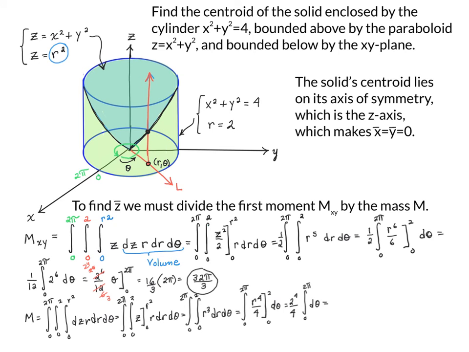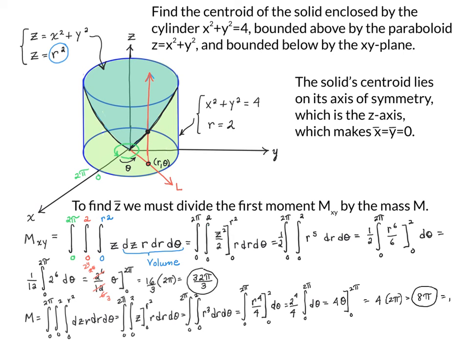And of course, 2 to the 4 over 4 is going to give us 16 over 4, which is 4. And then our antiderivative is theta, evaluated from 0 to 2 pi. So this gives us 4 times 2 pi, which is 8 pi. Let's circle our intermediate solution for our mass.